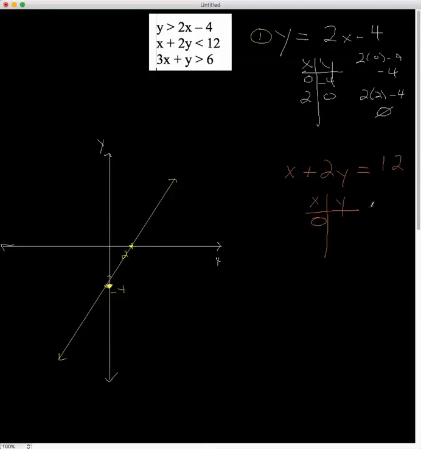So 0 plus 2y is equal to 12. The 0 goes away, and if we divide both sides by 2, we have y is equal to 6. So when x is 0 in this case, y is 6. So if we draw that, x is 0, y is 6. Let's put it right around here.